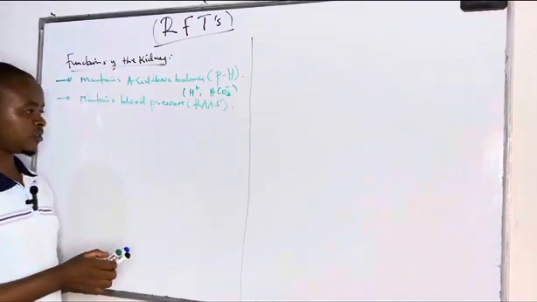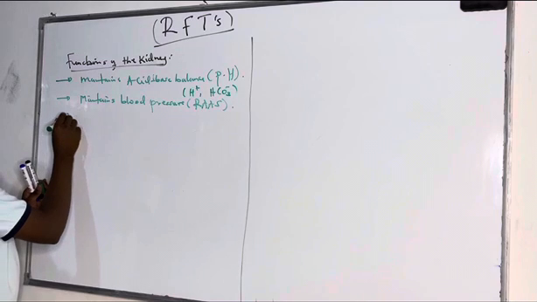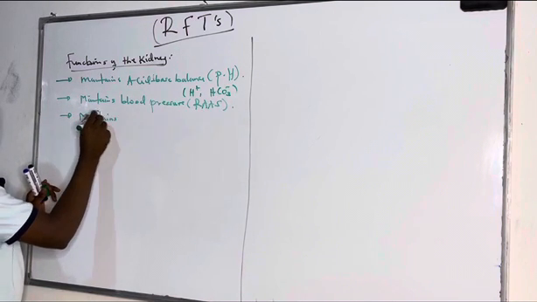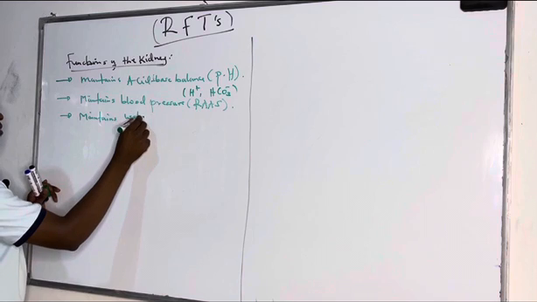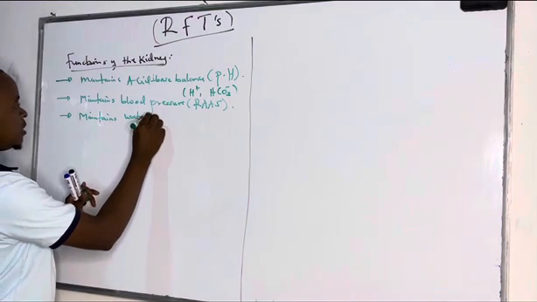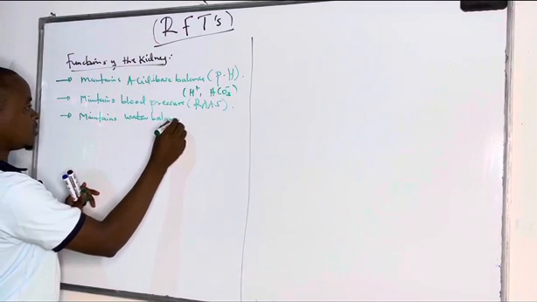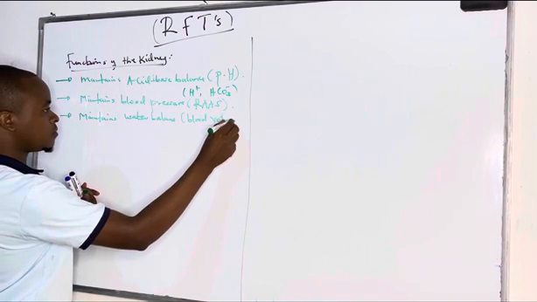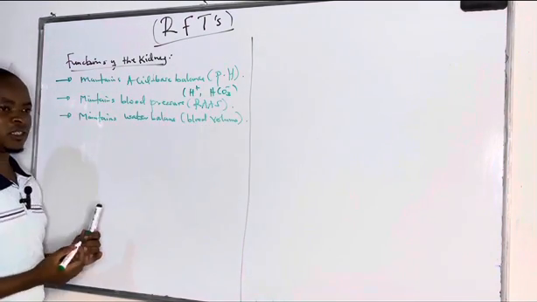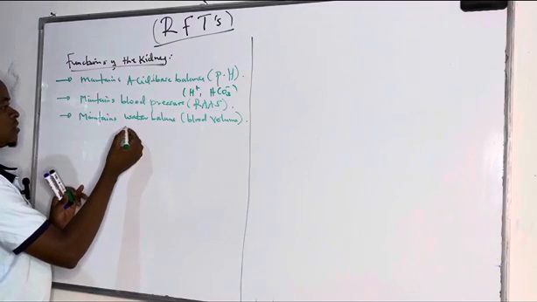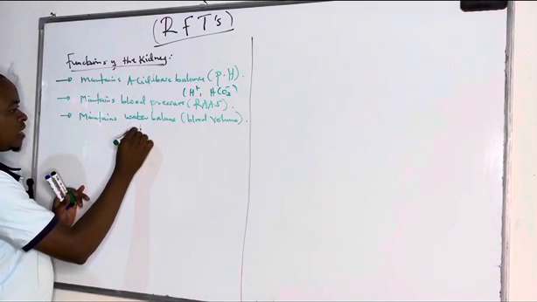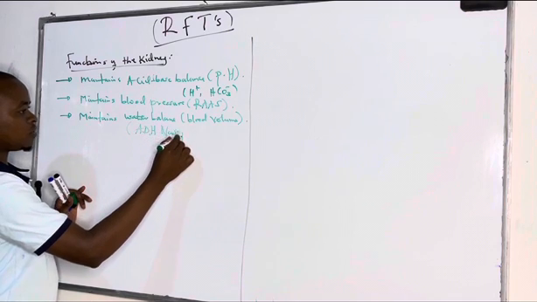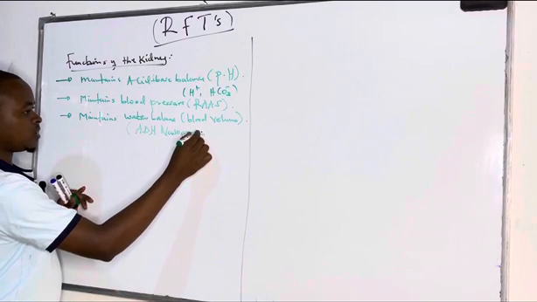Another function here is that it maintains water balance in the body. You can call it water balance or blood volume. How? Because we know that the kidney is always stimulated by antidiuretic hormone, or what we call vasopressin, produced by the posterior pituitary gland.